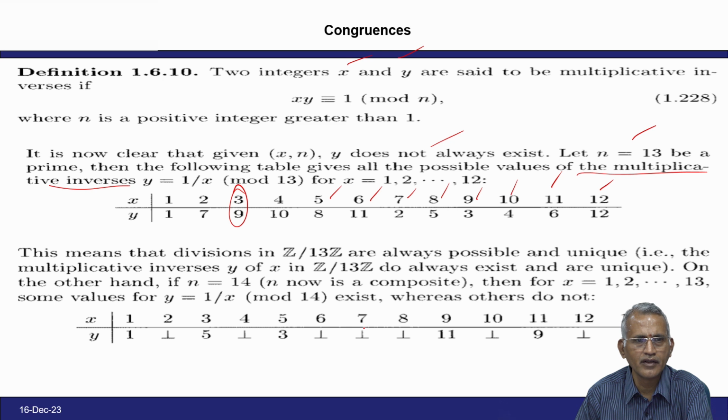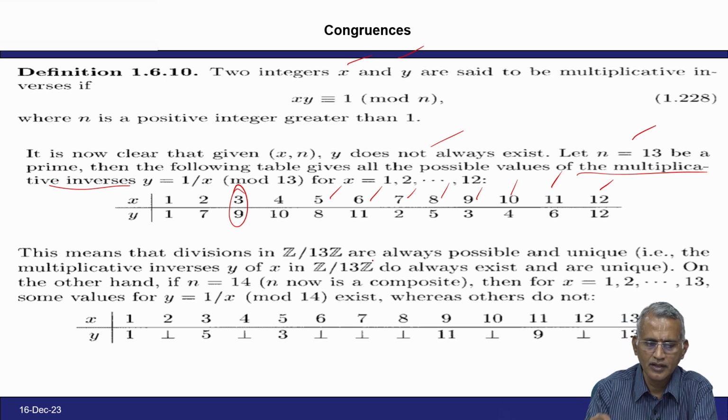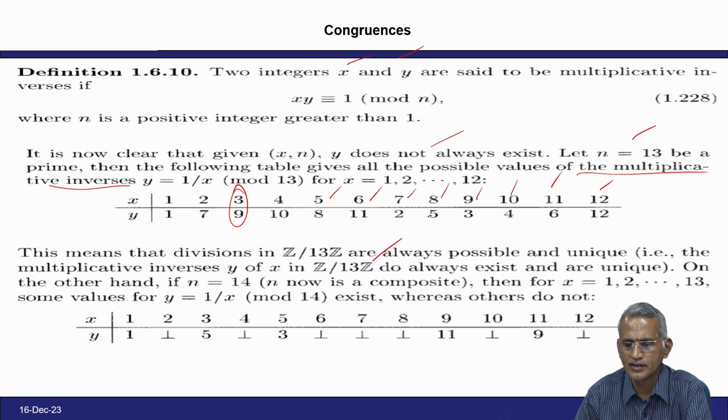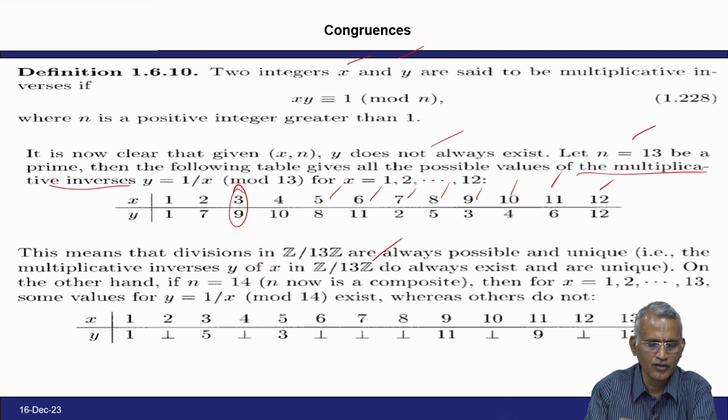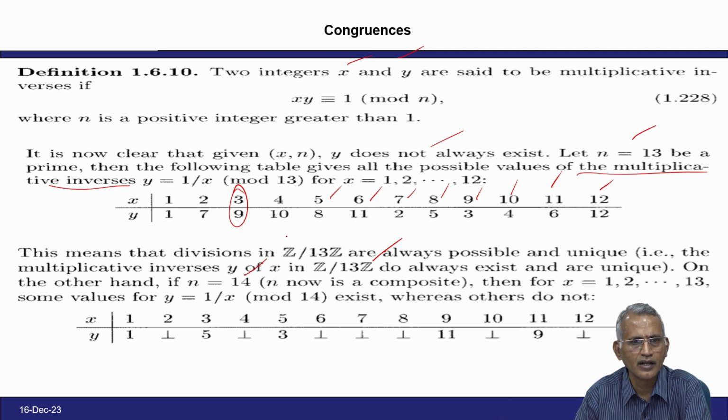So, the multiplicative inverse y of x in Z over 13Z always exists and is unique. On the other hand, if you take n equal to 14, now n is composite, then for x equal to 1, 2, 3 and so on up to 13, some values of y equal to 1 by x under modulo 14 exist, whereas the others do not.